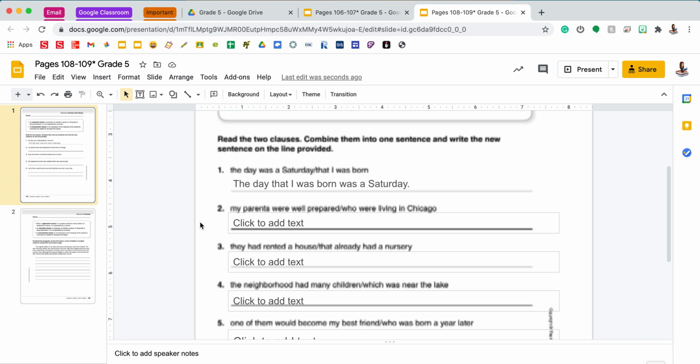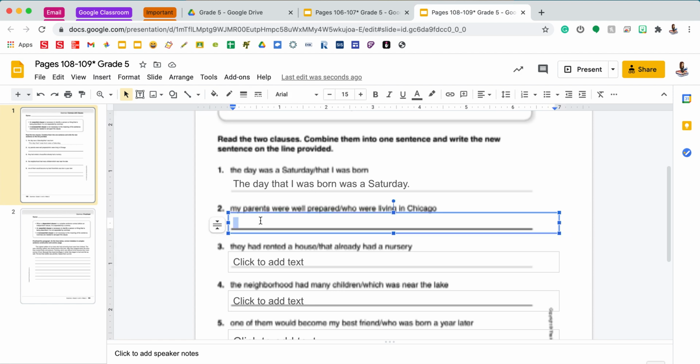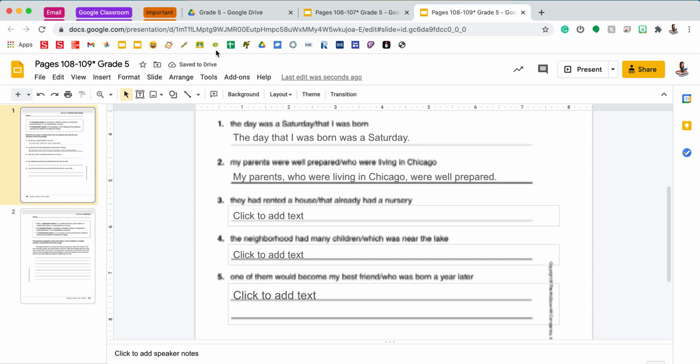Number 2 says, my parents were well prepared who were living in Chicago. I am going to add who were living in Chicago right after my parents and set it aside by commas. You will have 3 more to do on your own.